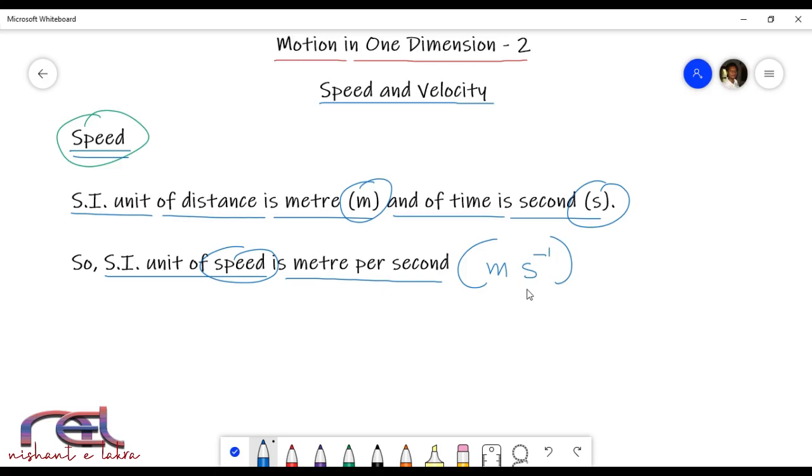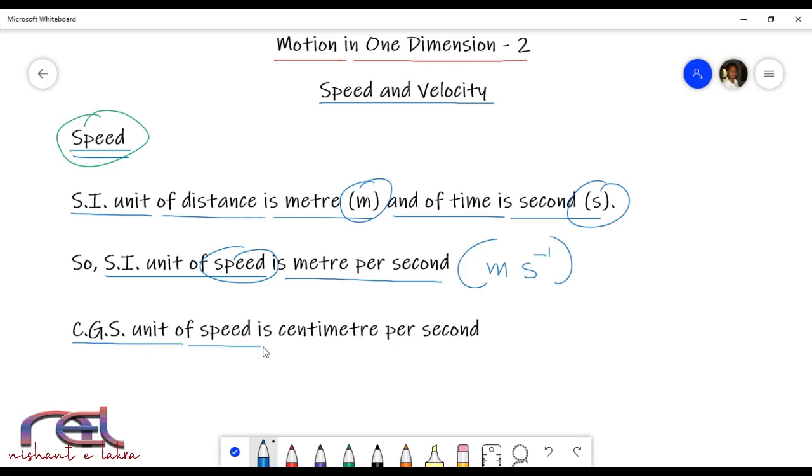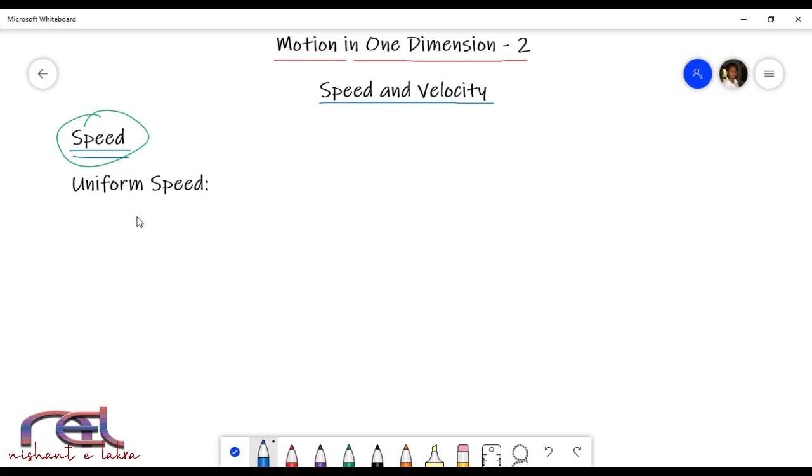The CGS unit of speed will be centimeter per second. We have got this meter per second from the SI unit of distance and SI unit of time. That's how we have found the SI unit of speed, meter per second, and the CGS unit of speed is centimeter per second. I hope you have understood till here.